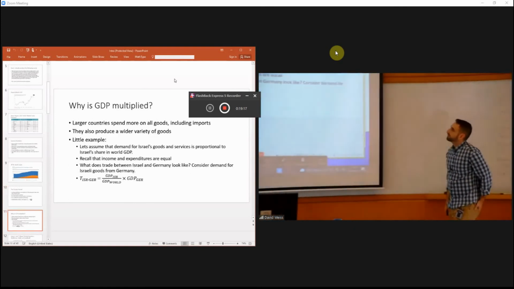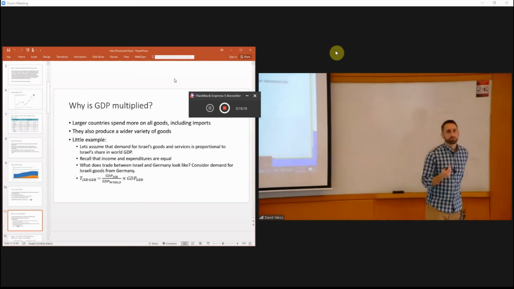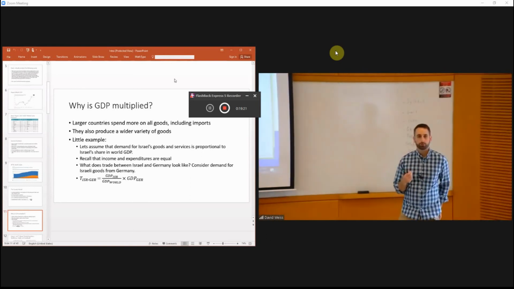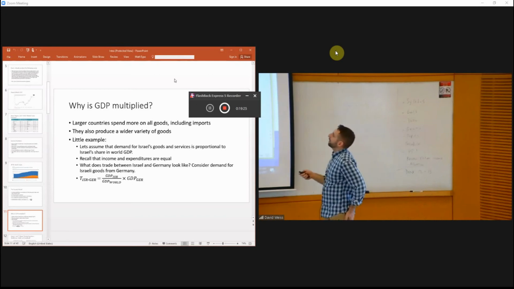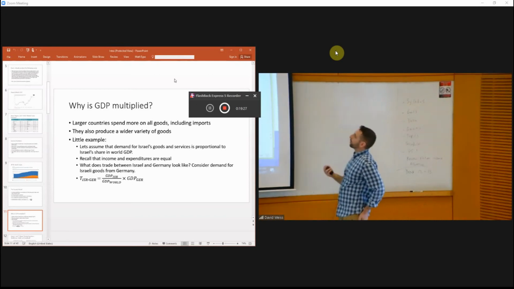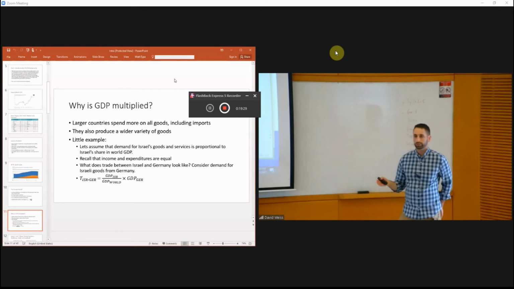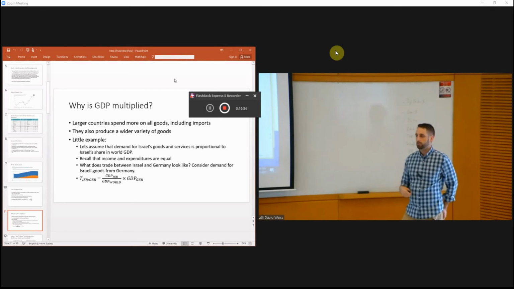Let's think for a second, intuitively, why is GDP multiplied in the numerator? The idea is that larger countries spend more on all goods. If you're thinking about trade between Israel and Germany, or Israel and Cyprus, you might think that there's more trade between Israel and Germany just because Germany is a bigger economy. They should be wanting to buy more goods.